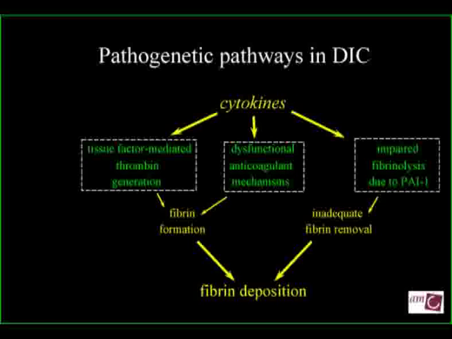The combination of tissue factor-enhanced thrombin generation and depression of anticoagulant mechanisms results in fibrin formation. And then there is inadequate fibrin removal due to the fact that the endogenous fibrinolytic system is completely inhibited due to very high levels of its main inhibitor, which is plasminogen activator inhibitor type 1. And this altogether leads to this fibrin deposition, not a very complex scheme actually.